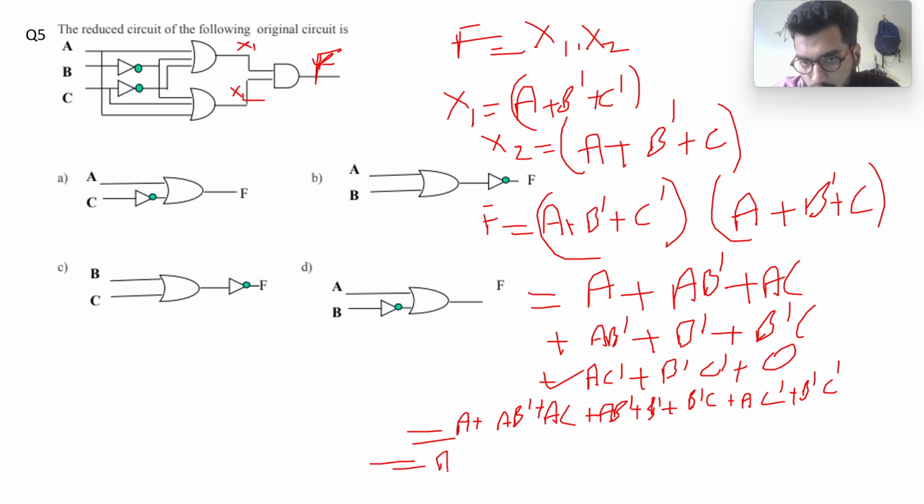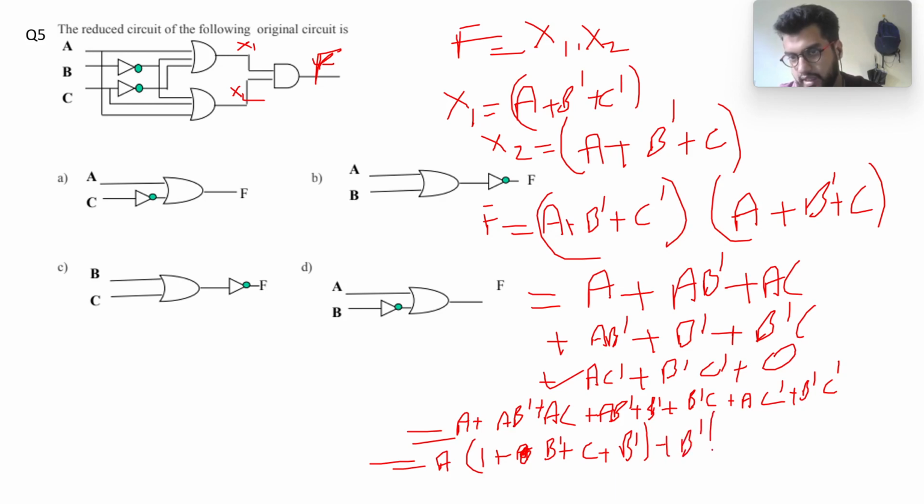So I'll take A common. So I get A times (1 plus B bar, 1 plus B bar plus C) plus (1 plus B bar plus C plus B bar). Then I'll take B bar as common, I'll get 1 plus C plus C bar, plus AC bar, and in here you will get AC bar.